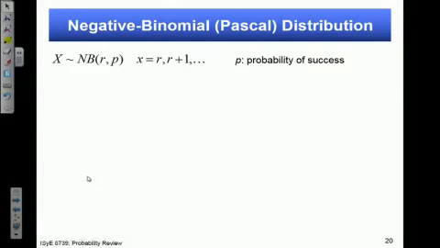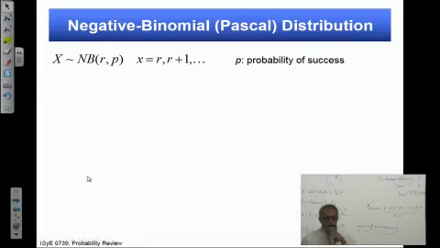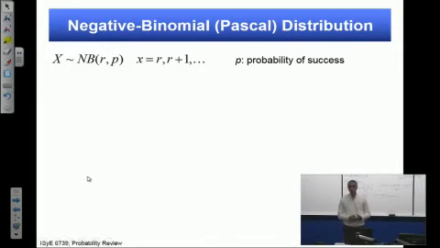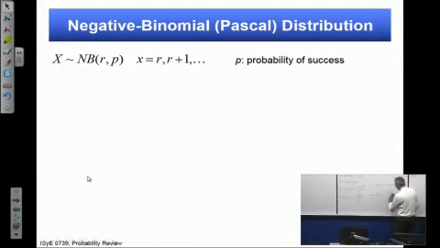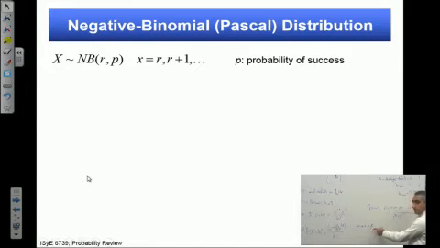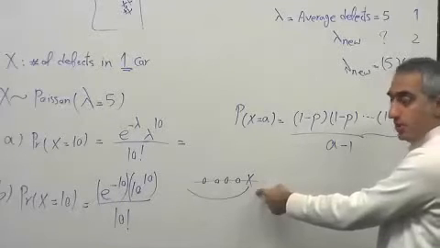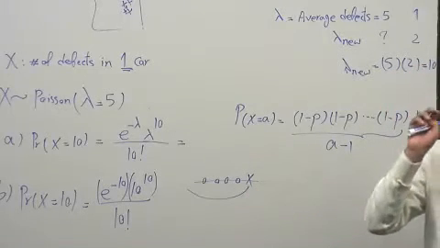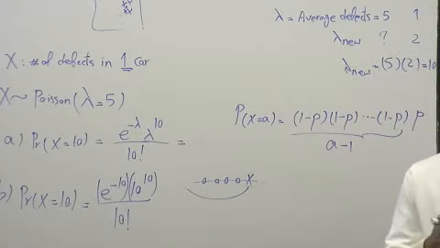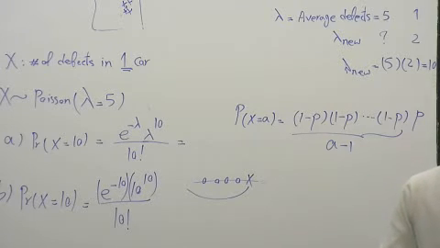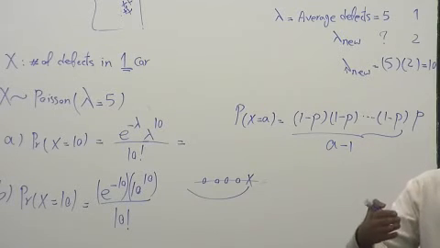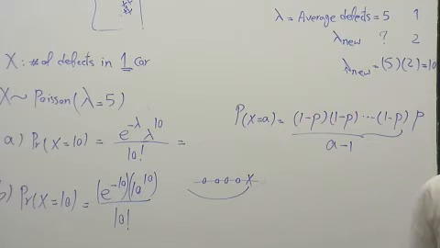Negative binomial. Does anybody know what this is for, if you've seen this in probability before? Nope. Okay. For geometric, you continue your experiment until the first success. What if we continue until the rth success? For example, instead of stopping when we see the first non-conforming part, we continue until we observe the 10th non-conforming part.